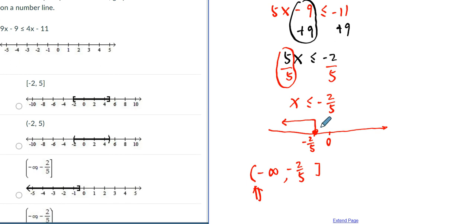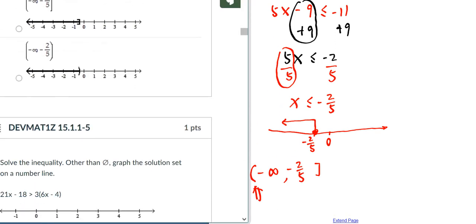If here there were no equal sign, then we would put round bracket. It means on the real number line, it goes to negative infinity, but negative infinity is not really included. So which one we should choose? That would be right here. That's the one we wanted, number 3.